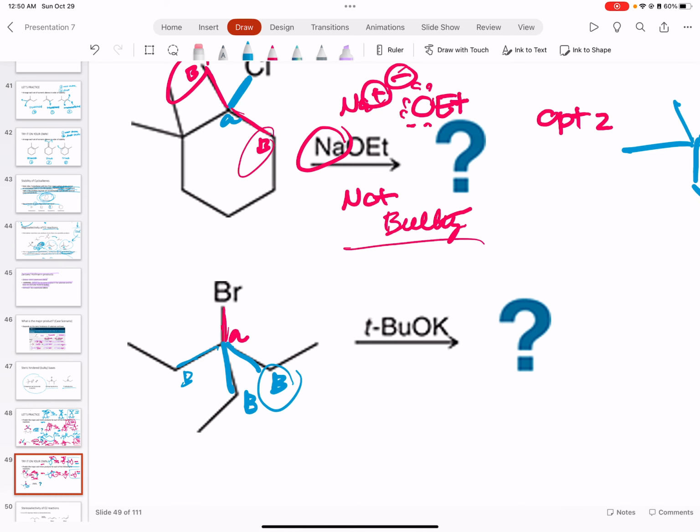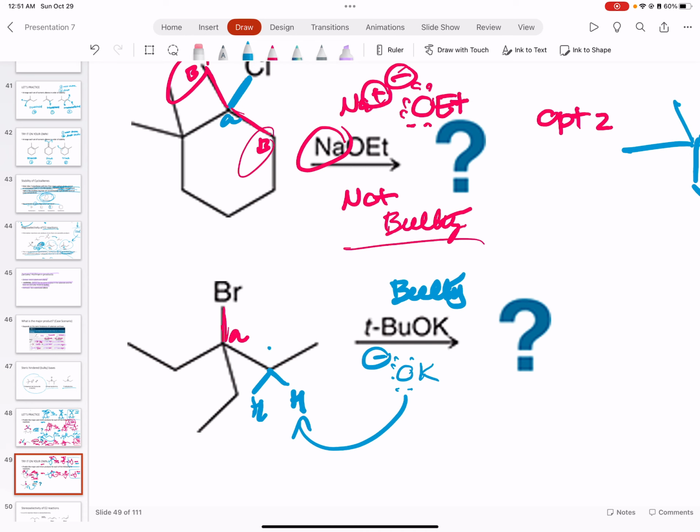So we mentioned that tert-butoxide, we can write just as OK. It's just going to be a negative. This one's bulky. And it's going to take a hydrogen from that beta position.